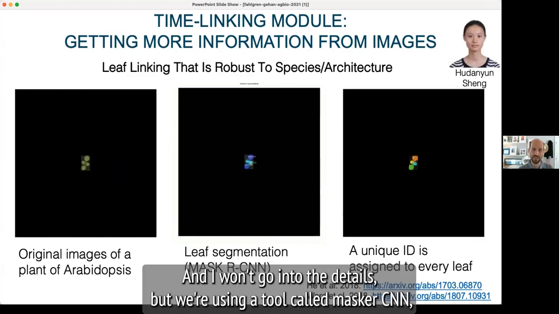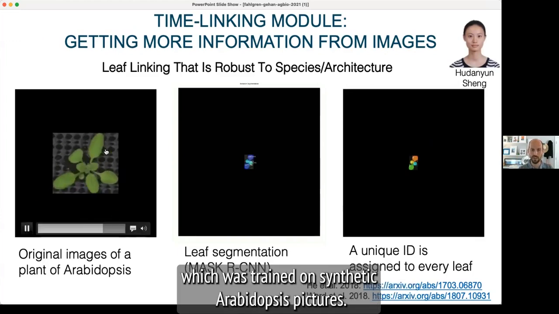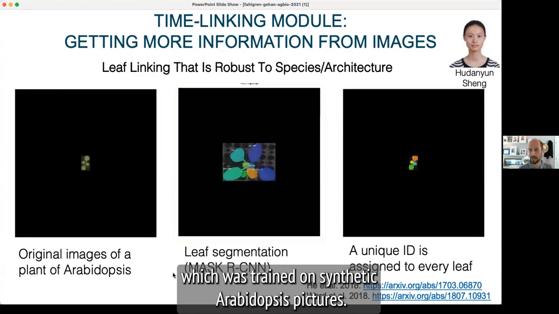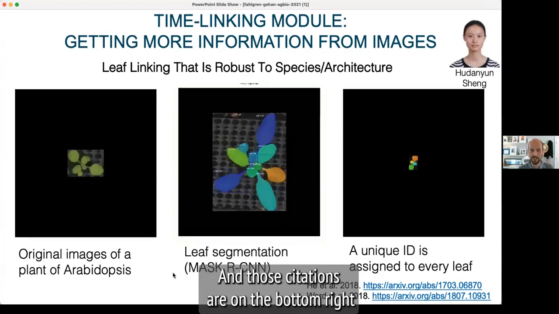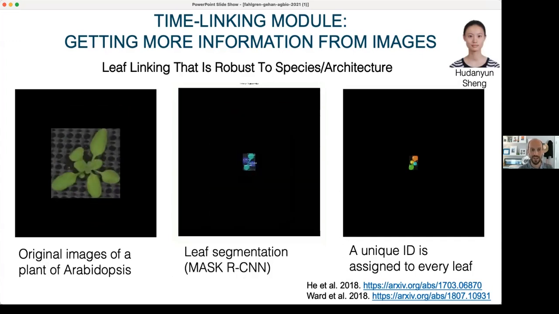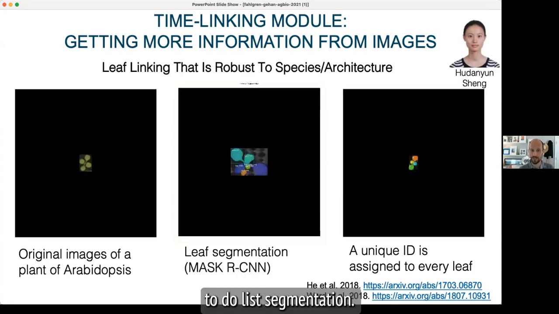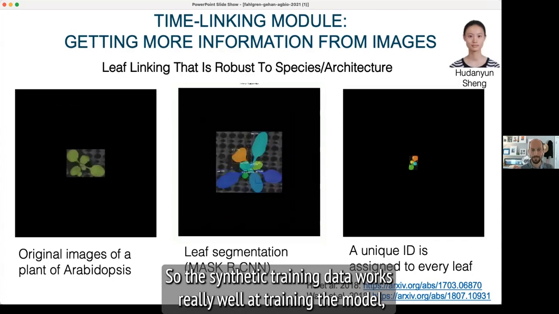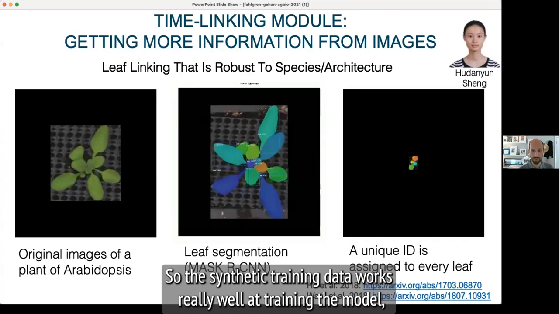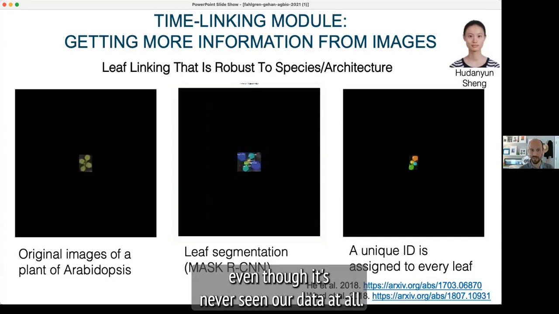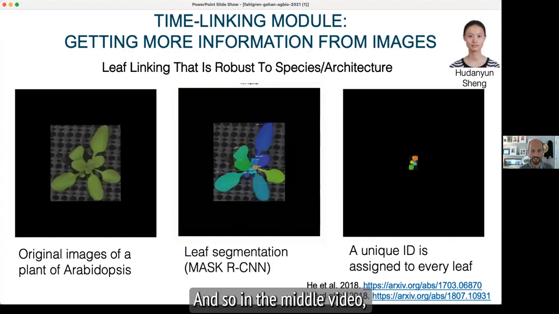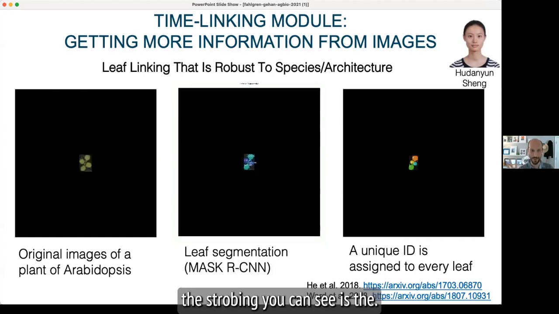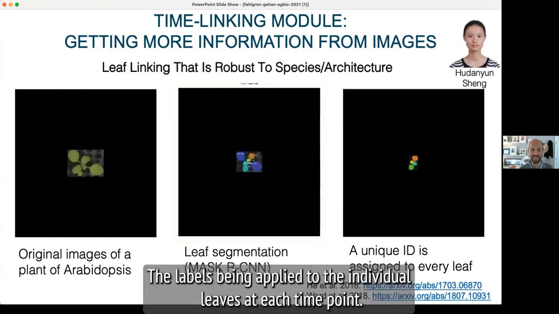I won't go into the details, but we're using a tool called MaskRCNN, which was trained on synthetic Arabidopsis pictures, and those citations are in the bottom right, to do leaf segmentation. So the synthetic training data works really well at training the model, even though it's never seen our data at all.